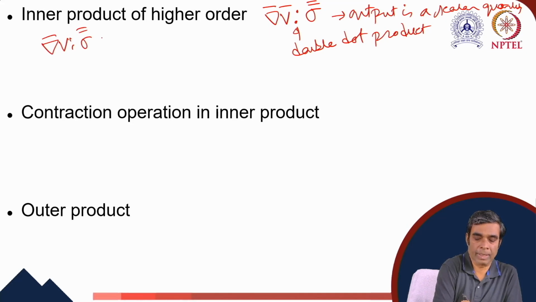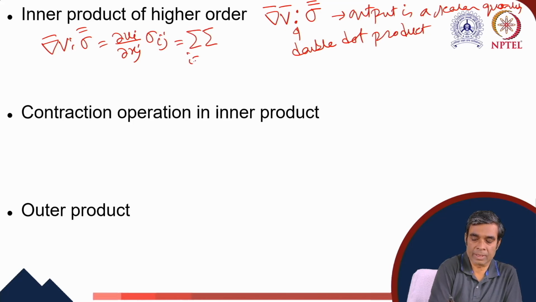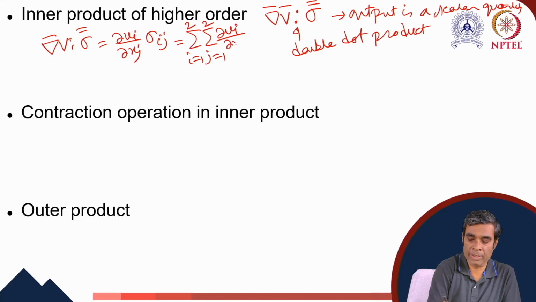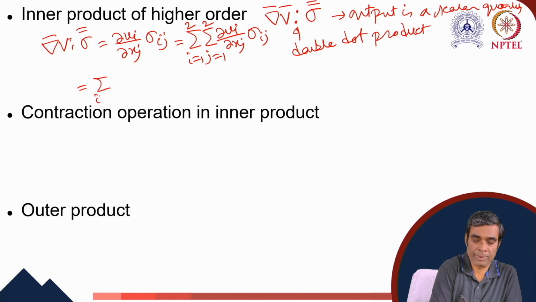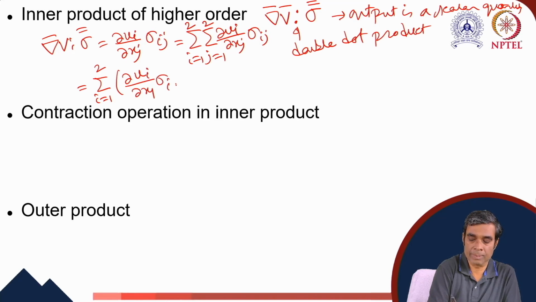double dot sigma equals del ui del xj sigma ij, which can be written as summation i equals 1 to 2, summation j equals 1 to 2 in 2 dimensions, del ui del xj sigma ij, equals summation over i equals 1 to 2 of del ui del x1 sigma i1 plus del ui del x2 sigma i2.